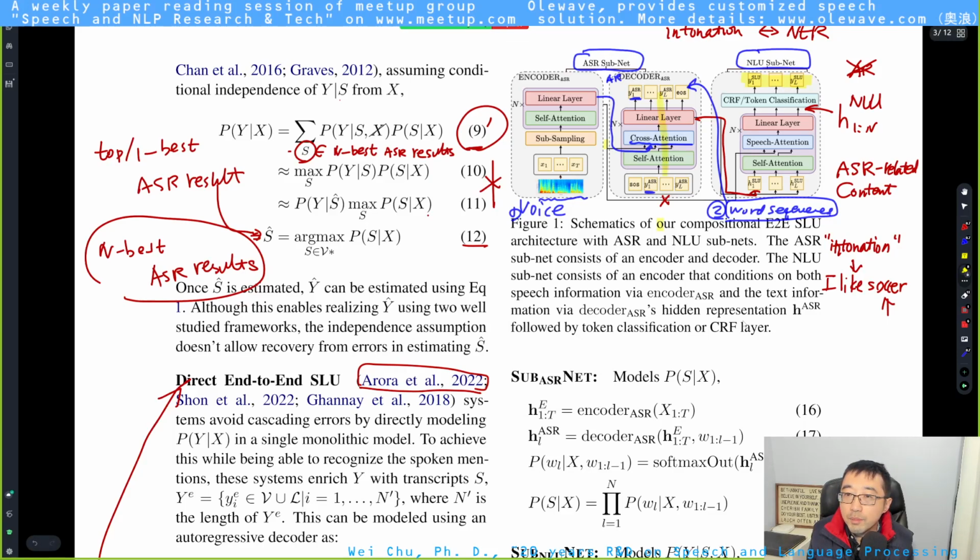You backprop the errors all the way to the voice, right? You can see any network on the path of backpropagation would be updated. So you get better, what do you call that, speech embedding or decoder output to the NLU, right? So you can see after you do this, this is improved, and also this is improved.